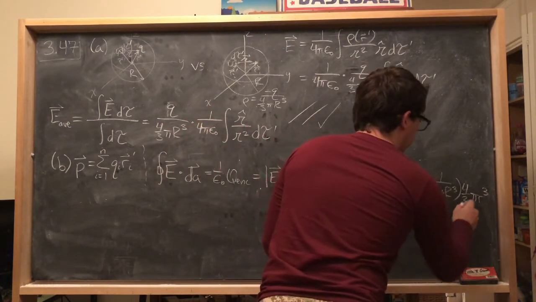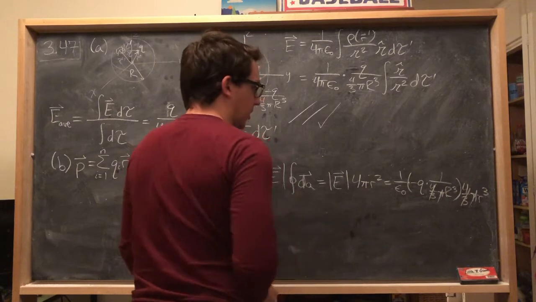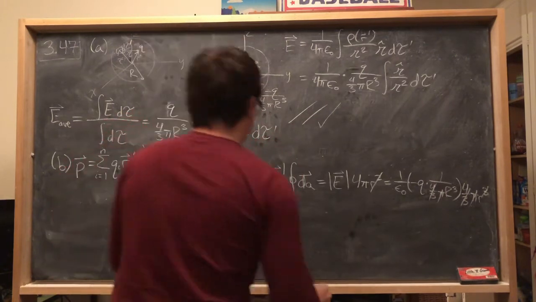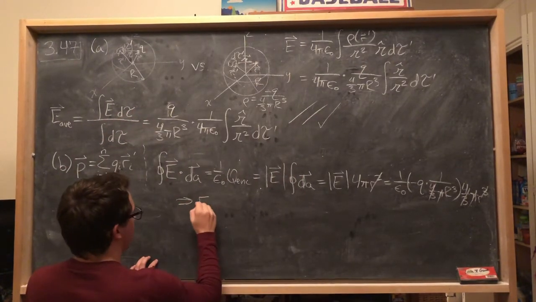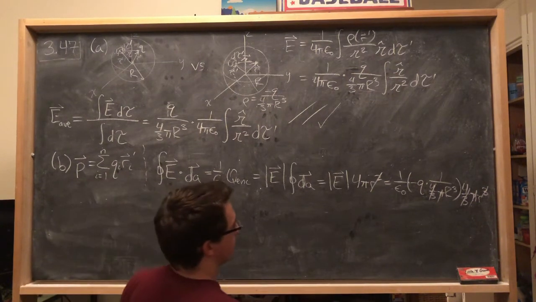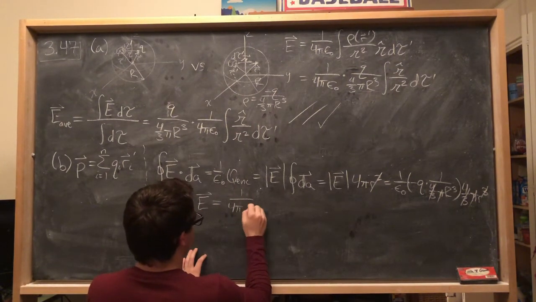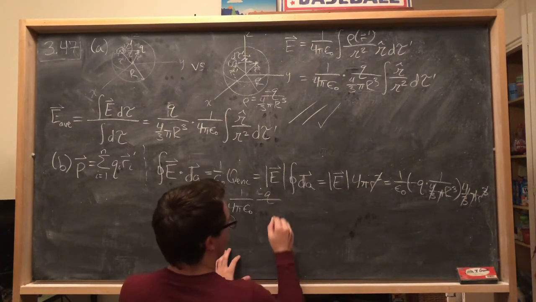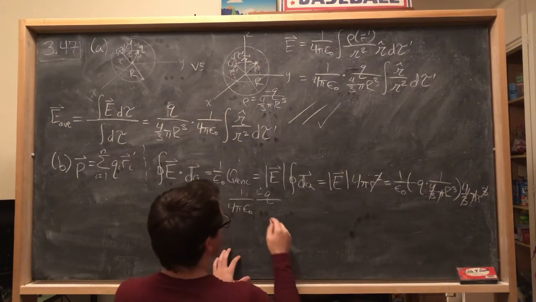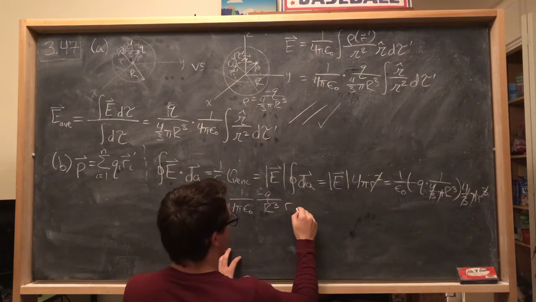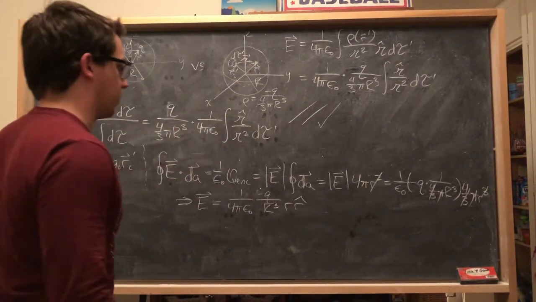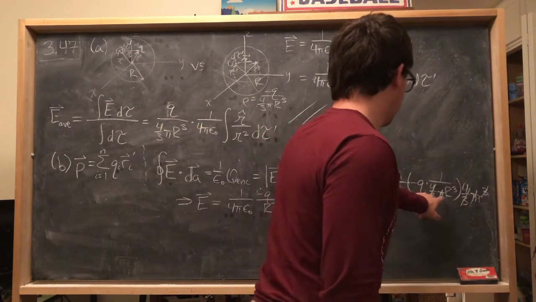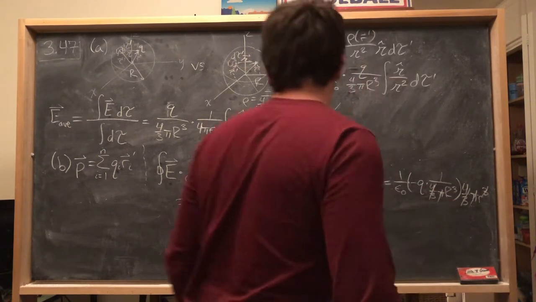Of course, the 4/3 and the pi's cancel out, and so what we're left with, also we can cancel out this r squared with this r cubed, and so what we see is that our electric field in this case is equal to 1 over 4 pi epsilon naught times minus q over R cubed times r, and we expect it to point in the r hat direction, radially outward. 1 over 4 pi epsilon naught minus q over R cubed times r hat.